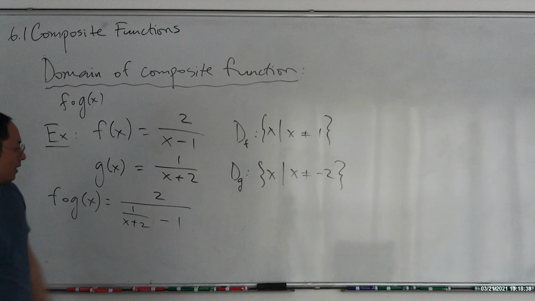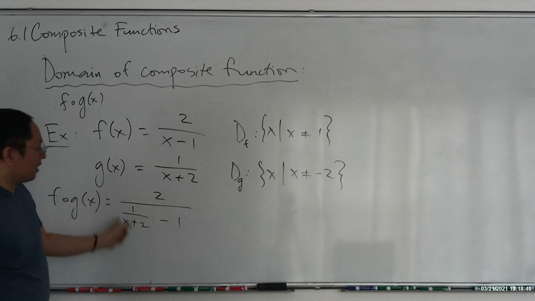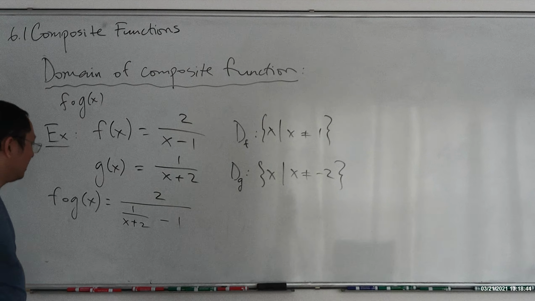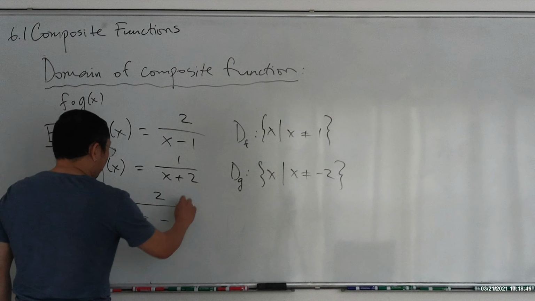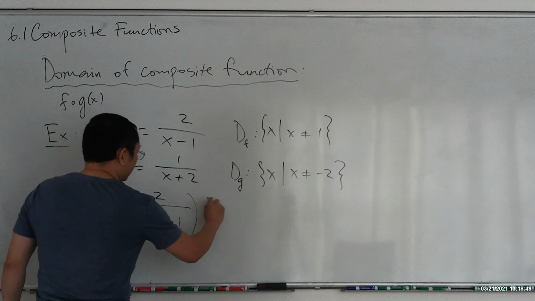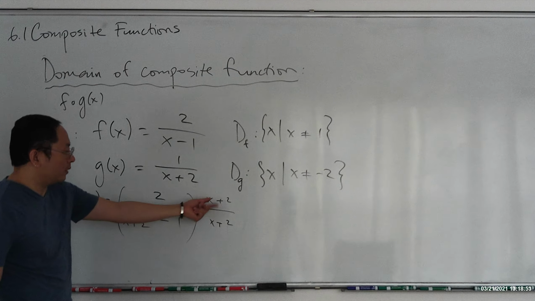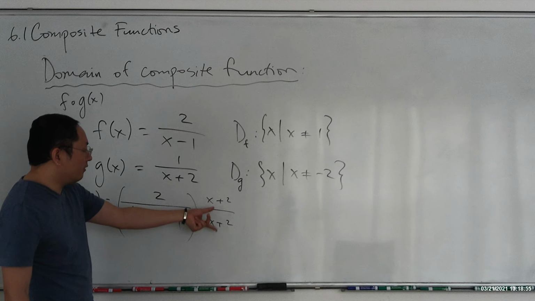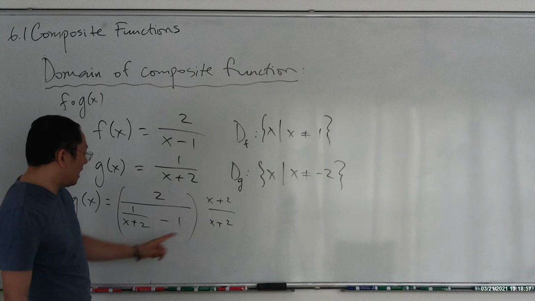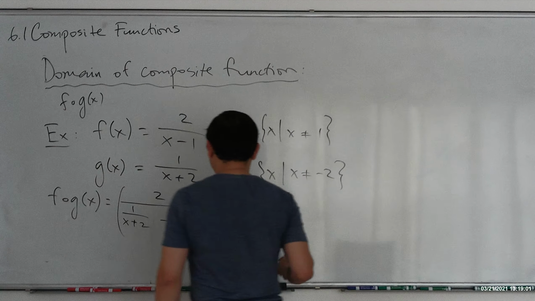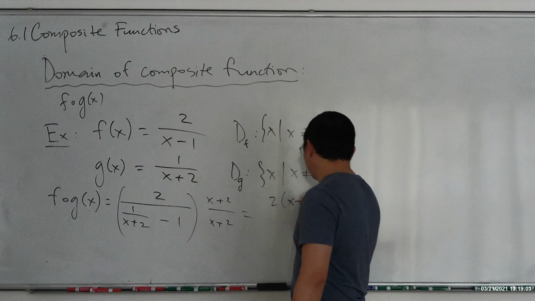Question, can you find the domain of that thing? And by the way, this is called a complex fraction, okay? Let's try to simplify this and find the domain. So I'm going to multiply the top and the bottom by x plus 2. You see why? x plus 2 over x plus 2 is just 1. If I multiply by x plus 2 on the top and the bottom, I can simplify the denominator. So the top now is 2 times x plus 2.